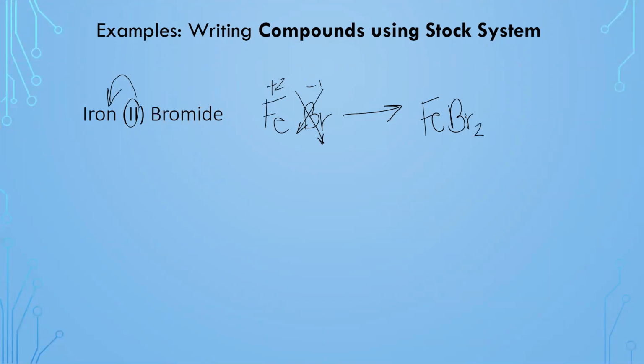Okay, so very similar to what you've been doing, except now you have to use the Roman numeral as the first element's charge. Okay, copper 1 sulfate. I have an element, a transition element, and a radical. So copper is Cu, sulfate is SO4. The Roman numeral is the charge given to me for copper.